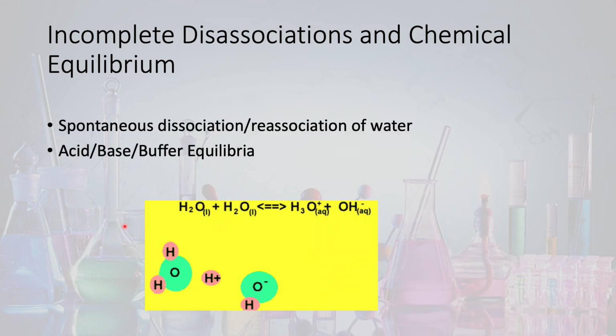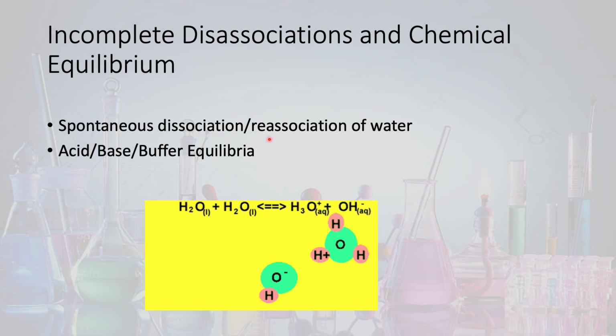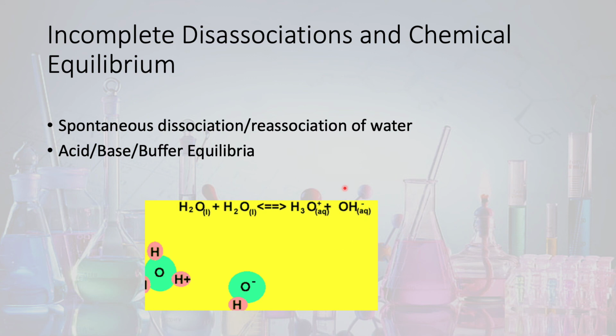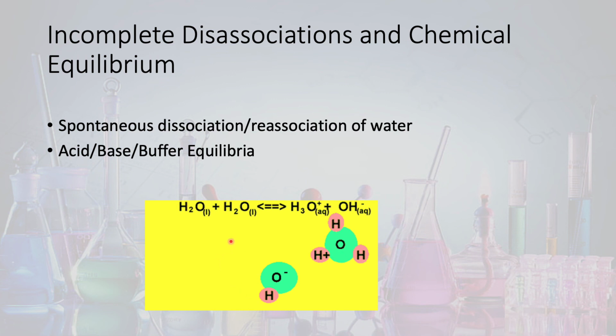In one of our next videos, I will cover the spontaneous dissociation and reassociation of water, as seen down here in this GIF. So in a solution of water, H2O, water is constantly undergoing dissociation, where one of these hydrogen ions pops off and attaches to another water molecule, forming hydronium and hydroxide simultaneously.